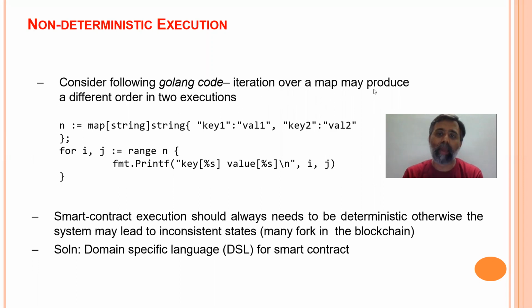So iteration over a map may produce a different order of execution. So a kind of non-deterministic behavior is possible. A smart contract execution should always be deterministic. Otherwise, the system may lead to inconsistent states. And as a solution for that, we have a domain-specific language for the smart contract.